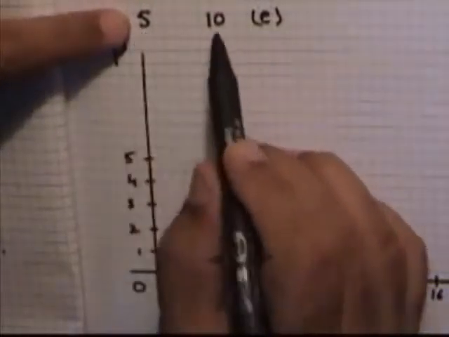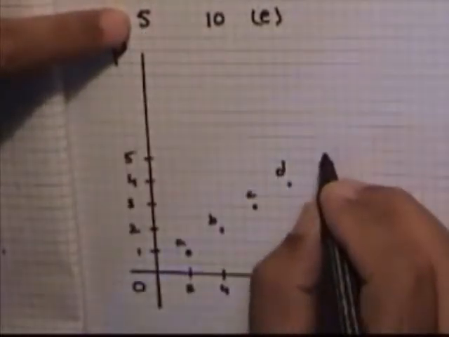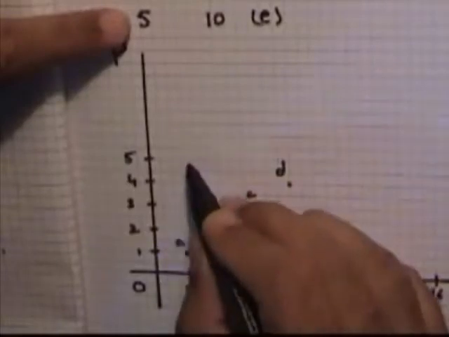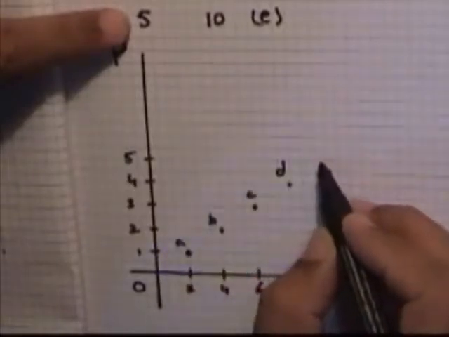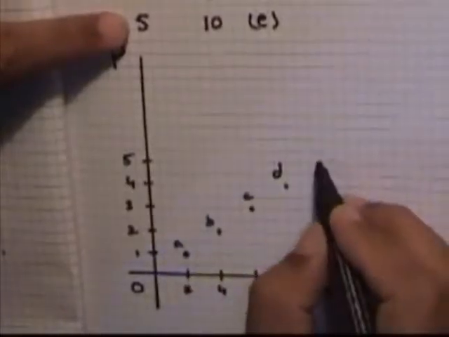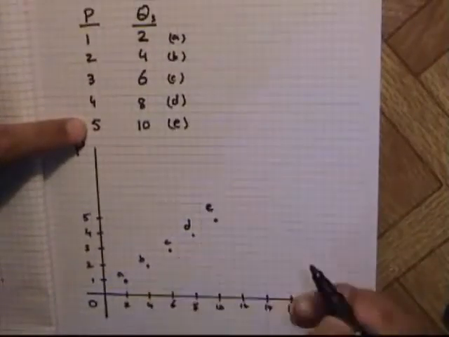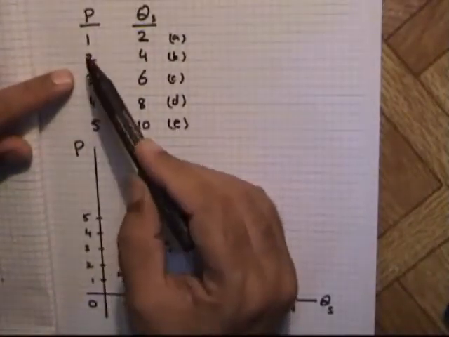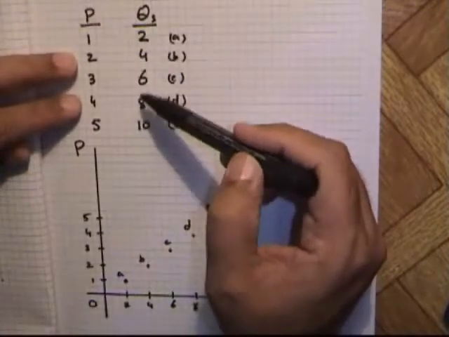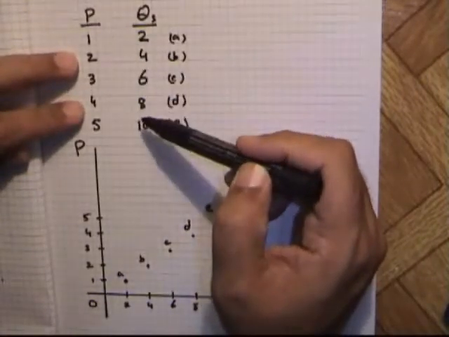And when price is 5, quantity supplied is 10. This is point E.